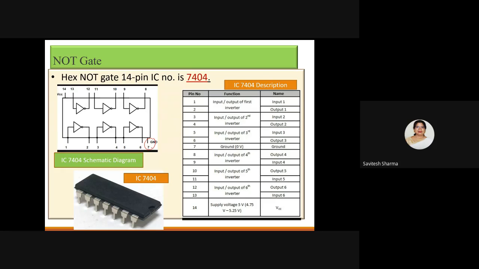So pin 7 is reserved for ground and pin 14 is reserved for VCC supply voltage. The rest of the pins are for the inverters up to the 6th inverter. In this circuit you can use any one for the experiment.